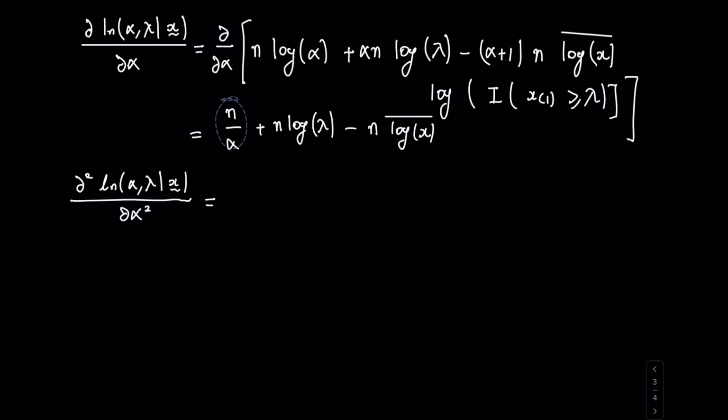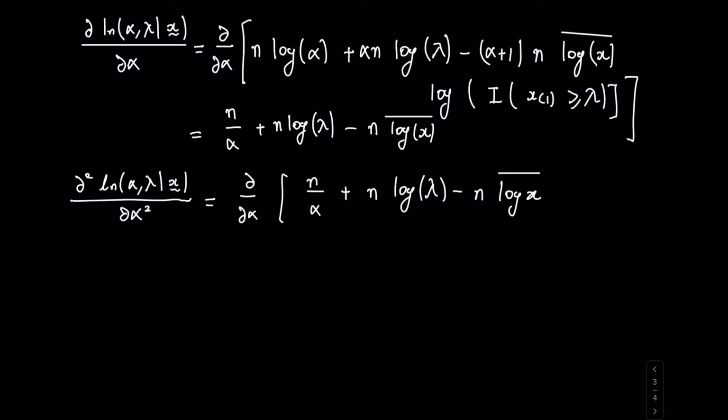And then we differentiate n on alpha. Firstly, it's the derivative of the first derivative: n log lambda minus n log x bar.